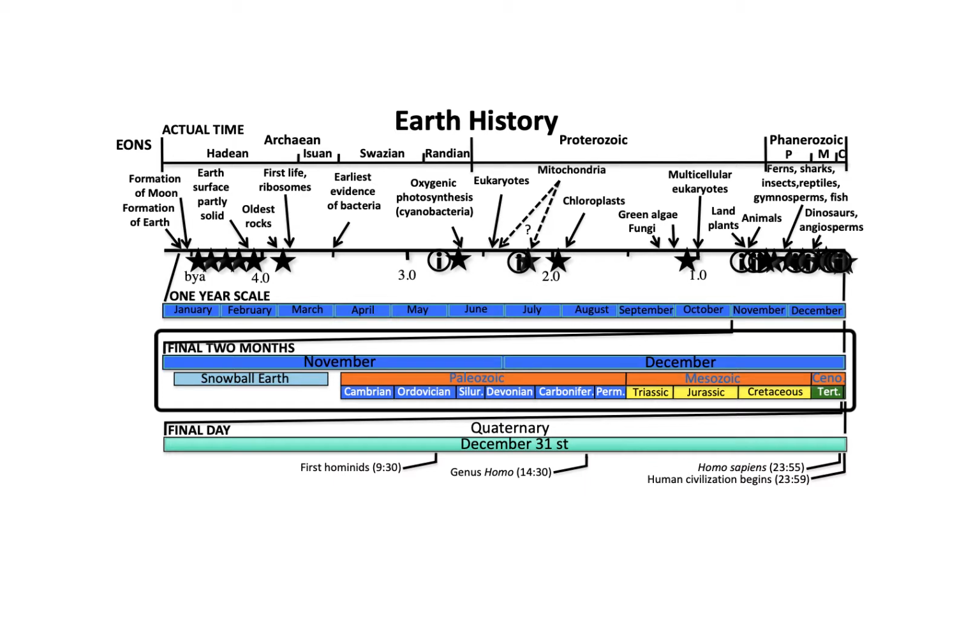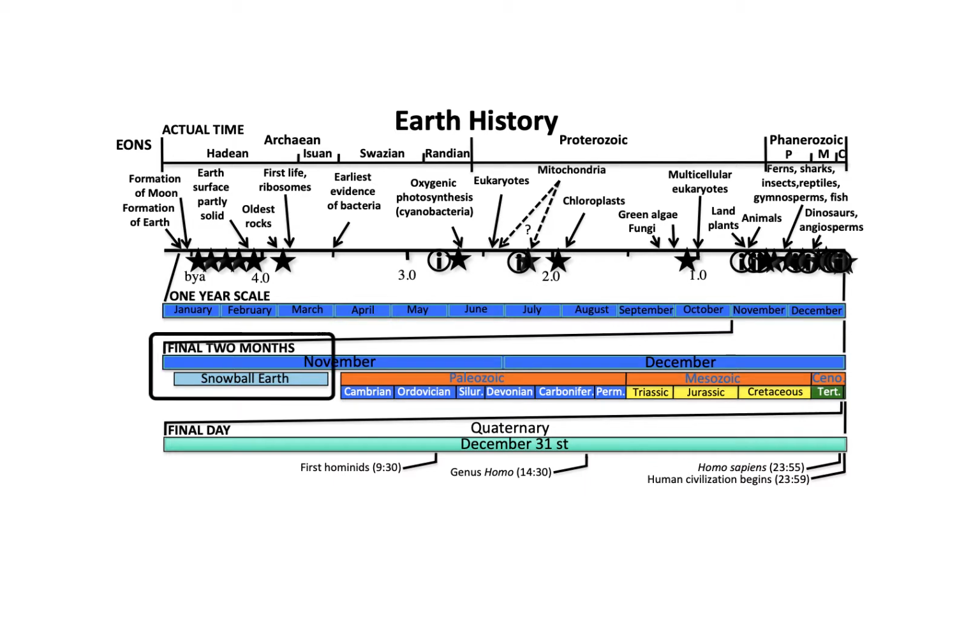So then if we take November and December and extend those out so that we can see in a little more detail, in the early parts of November would be the snowball Earth, and that would last quite a while, for about a third to half of the month, where the entire Earth is covered in ice and snow. And then we go later into November to the beginning of December, where we have some animal species, a lot of plant species.